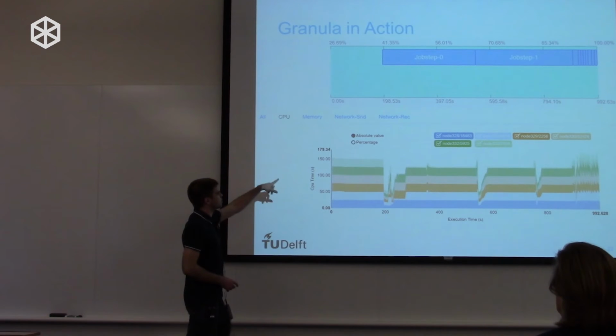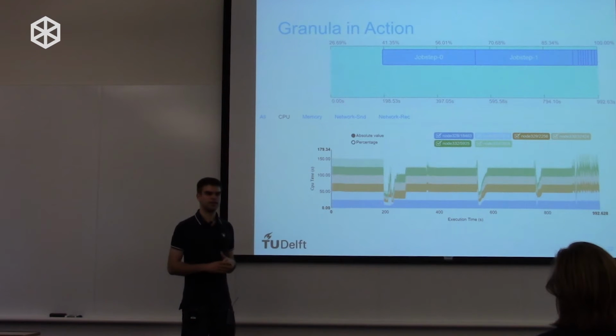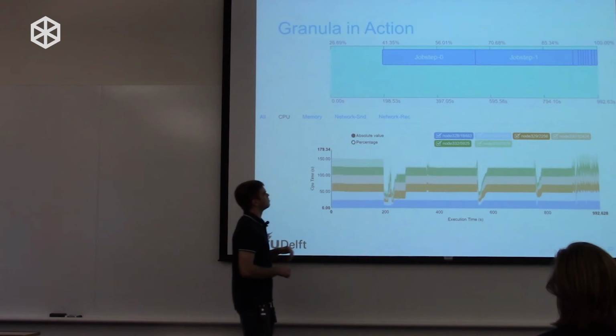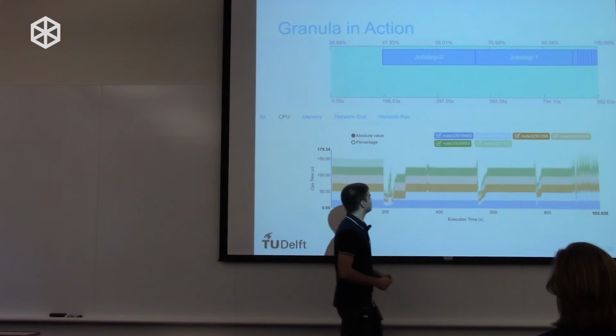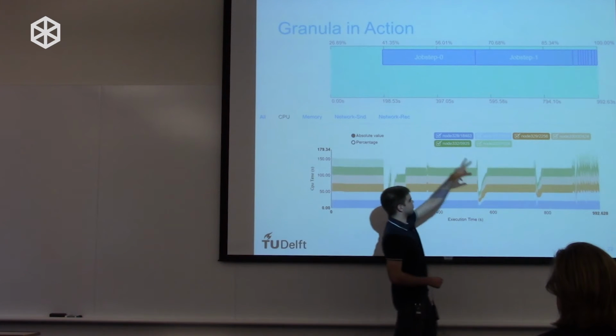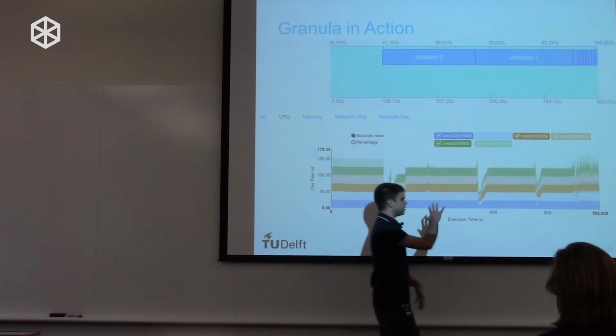And you can combine this with monitoring information gathered by Granula to quite clearly see, for example, that for the first superstep there are a bunch of peaks in CPU utilization, and then for the second superstep we see the same with a weird gap.